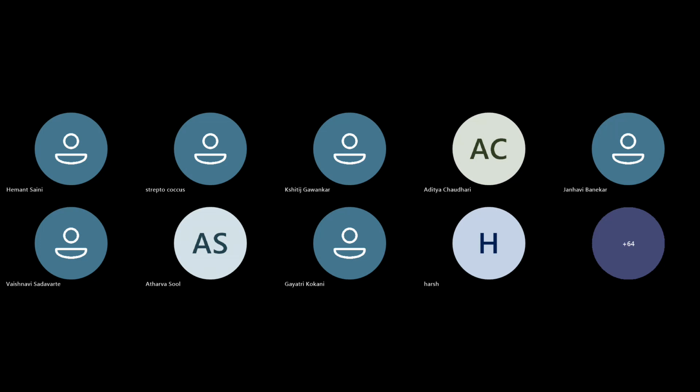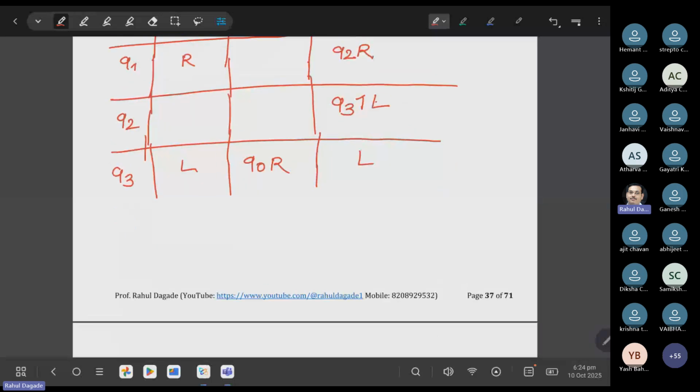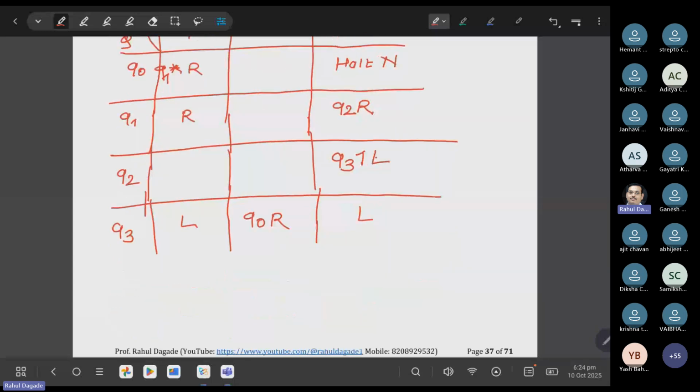Let us see with the help of the transition function. With the simulation, you can come to know whether we will get star in Q0 state and Q1 state. Let us see the simulation now. Up to this point, all of you draw the transition diagram and write the transition table.